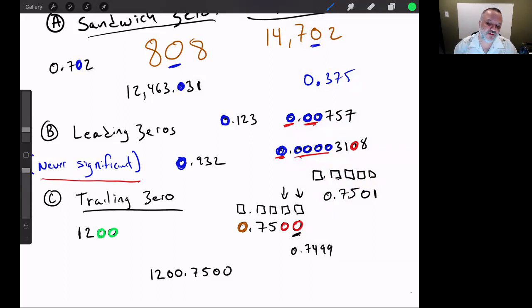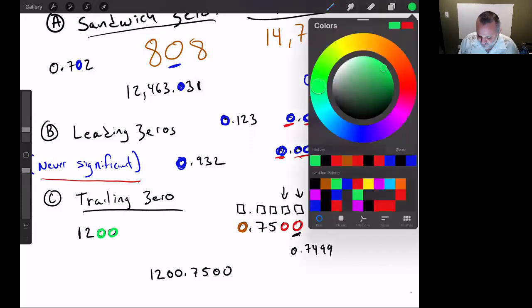The trailing zeros in red, we said, are significant because we don't need them, right? Because the number 0.75 doesn't change if I have zeros or I don't have zeros at the end. 0.75 is the same value as 0.7500. Using that same idea, the trailing zeros in 1200, I do need them, right?